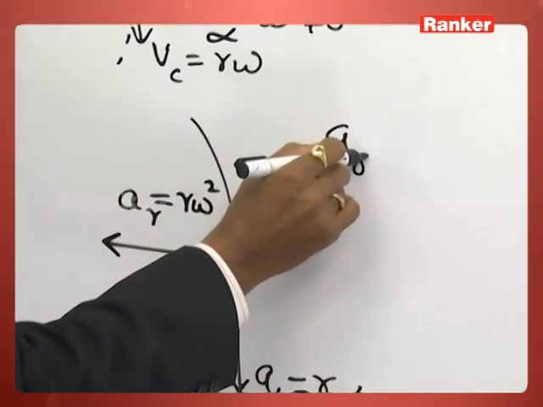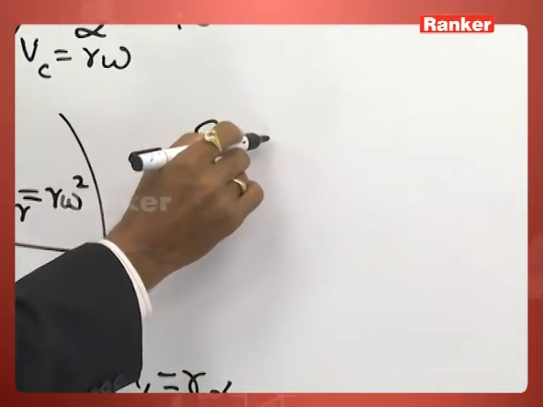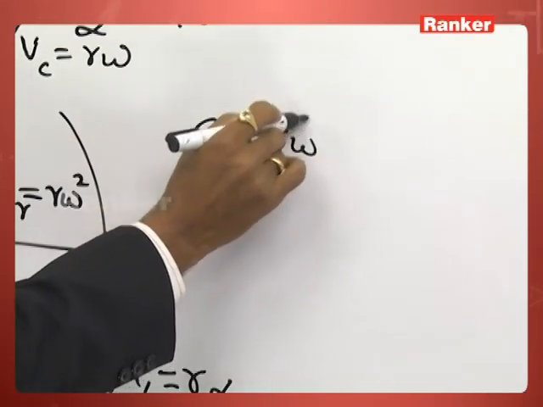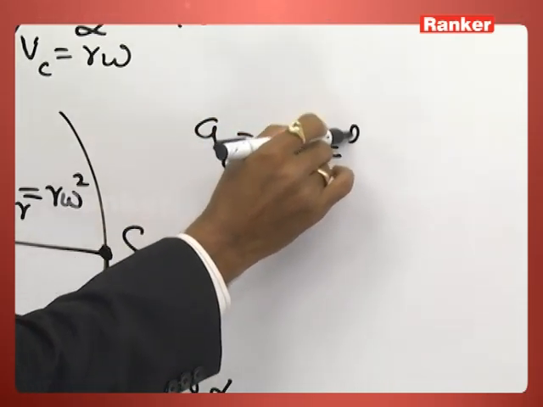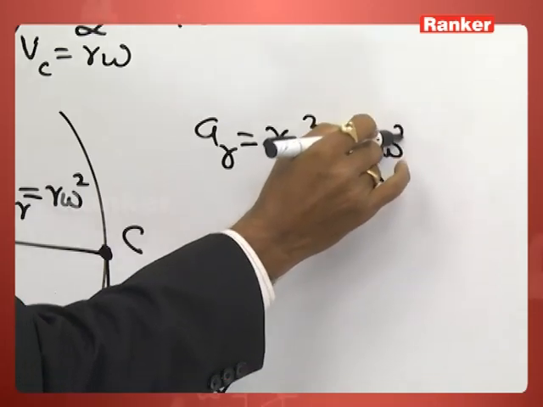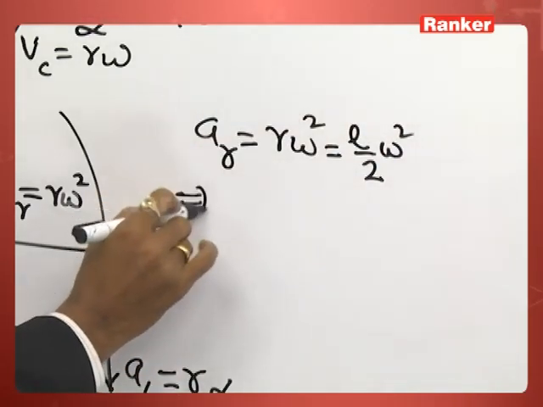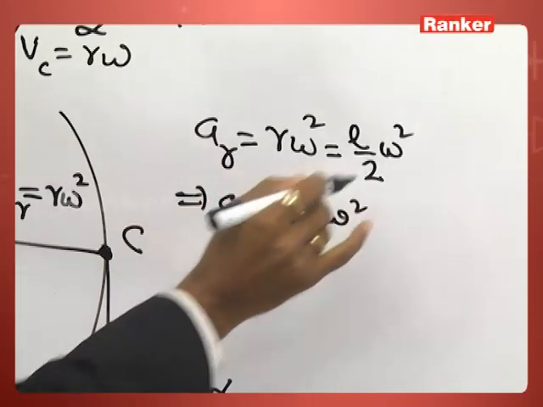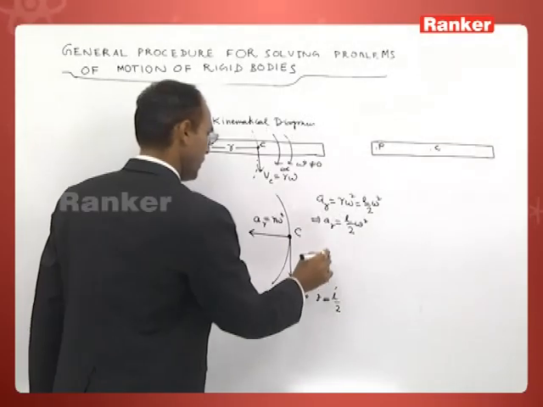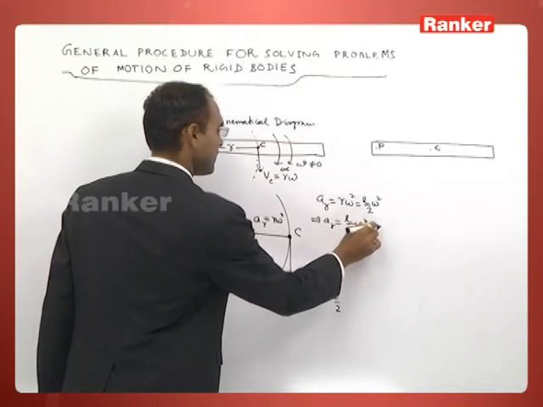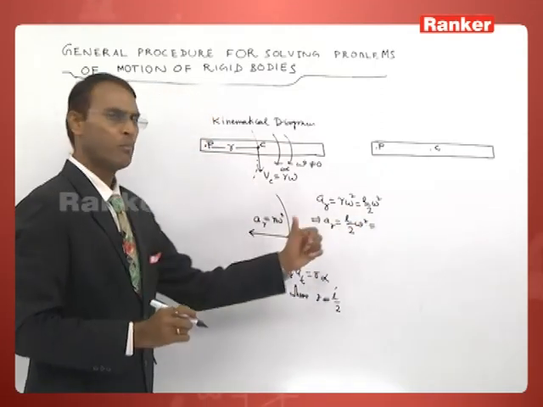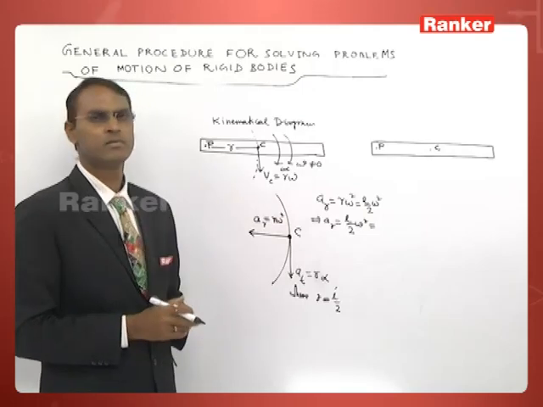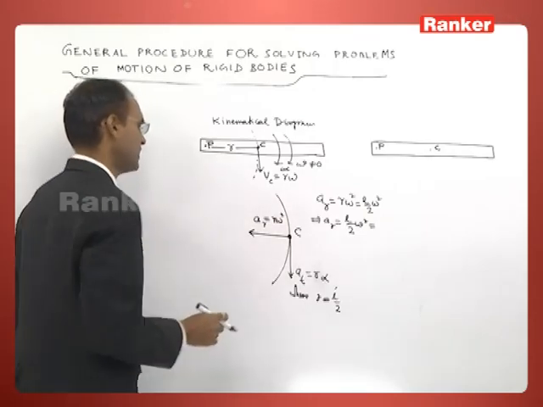So you just write AR is equal to r omega square, r is equal to L by 2 into omega square. AR is equal to L by 2 into omega square, and that is pointing along negative x direction.